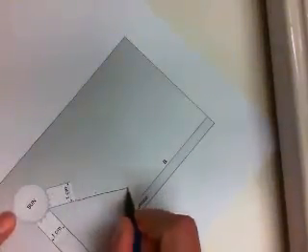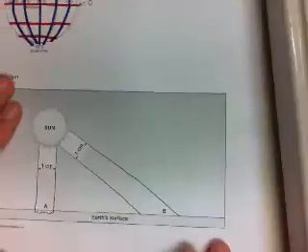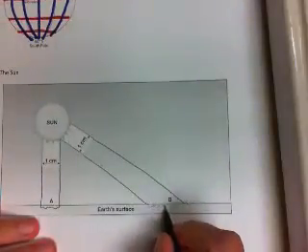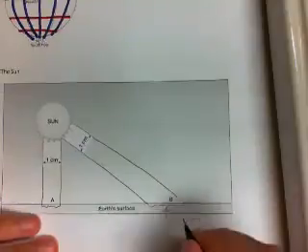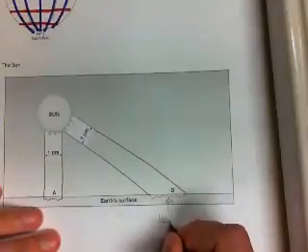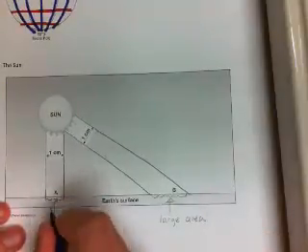However, if I do the same thing with this sunbeam and extend it all the way out, we can see that the area around point B that's covered by the sunlight is much larger. So I'll label this a large area, and this one right here, a small area.